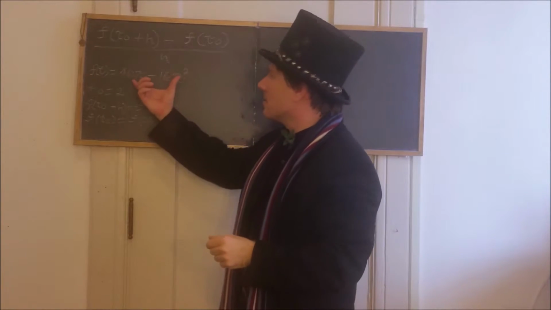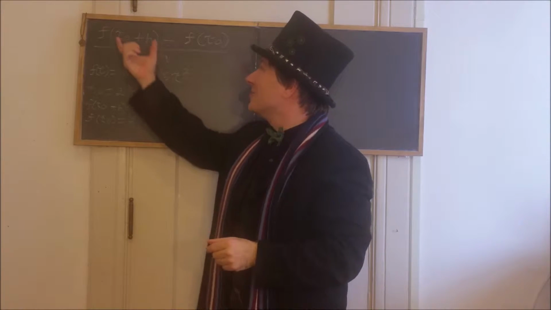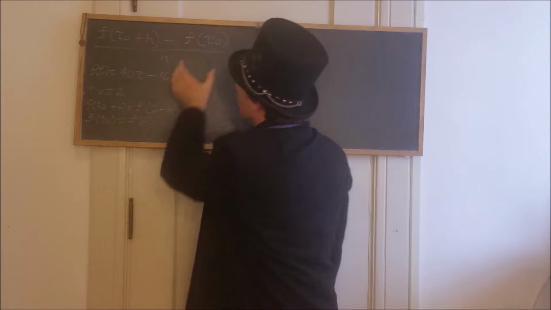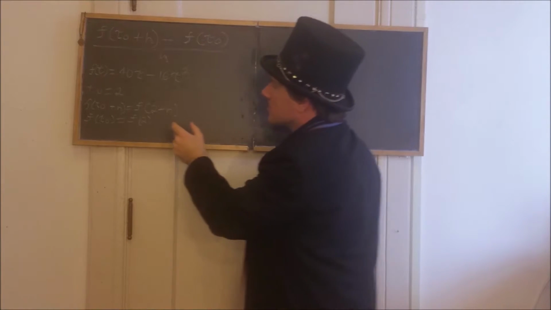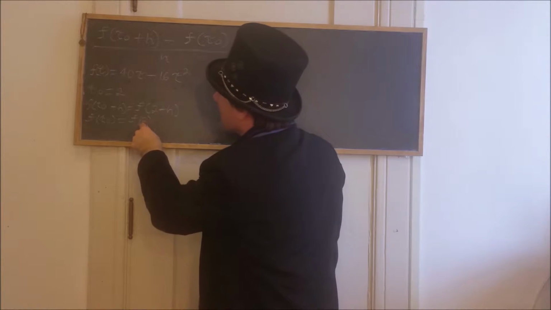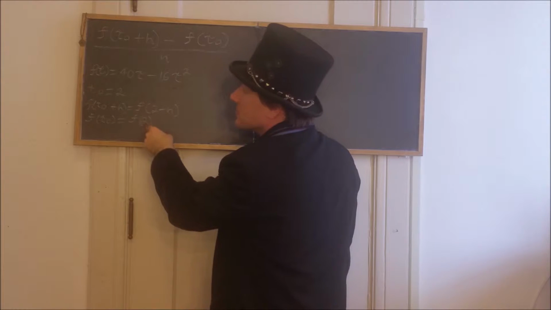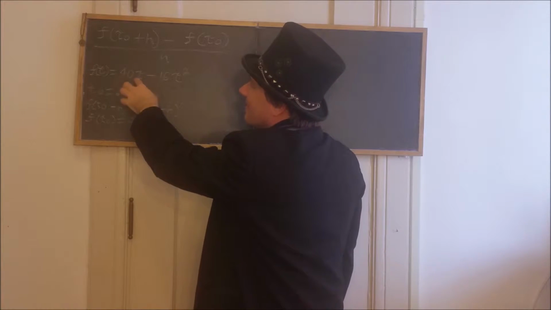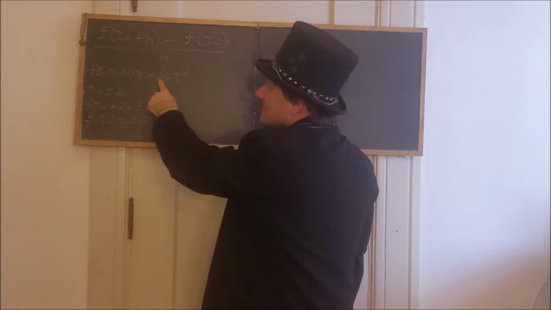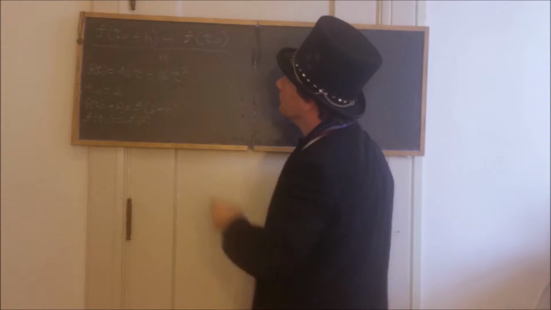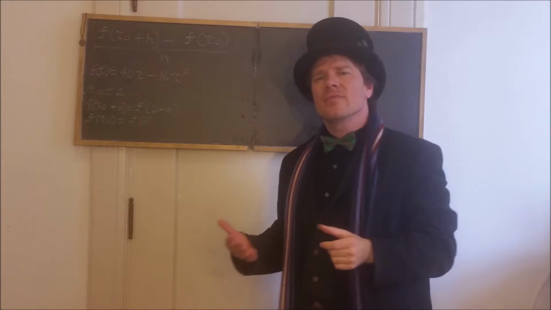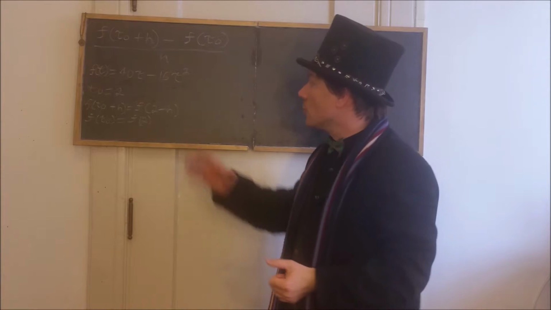And then we would plug that equation into this side of the formula. Next, we want to evaluate this side of the formula. So we would plug f of 2, or just 2, into this equation here. So we'd have 40 times 2 minus 16 times 2 squared.